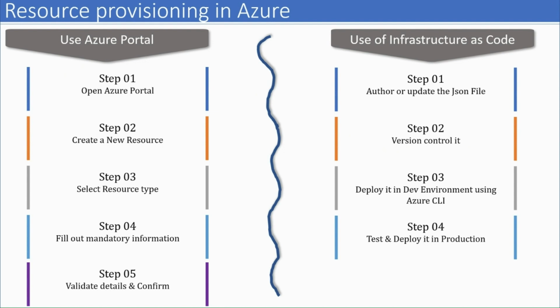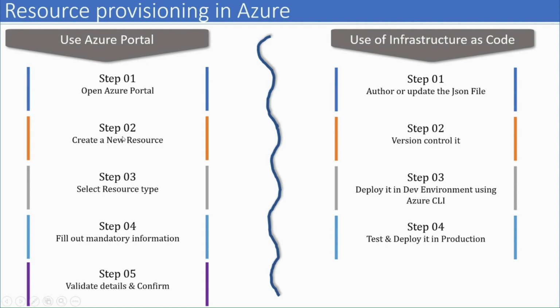Access that, make quick changes, and then use either Azure portal or CLI or PowerShell to deploy a newer resource quickly into an Azure environment. You can do testing and then move it into the next level of environment, something like promoting from development to testing, testing to integration, integration to production.